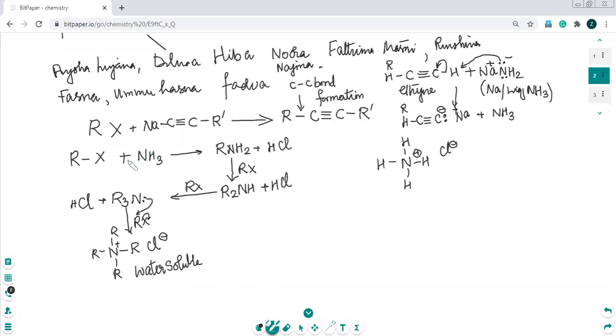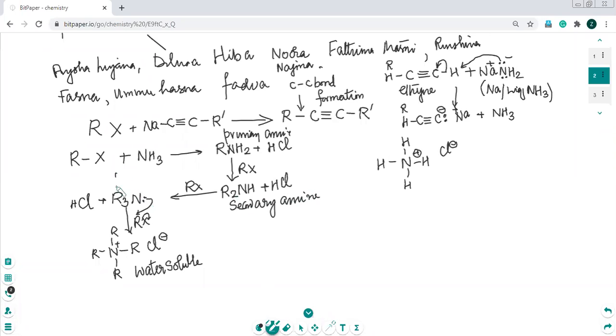So you can see here a primary alkyl halide is converted into primary amine. This is a secondary amine. Amine, A-M-I-N-E.